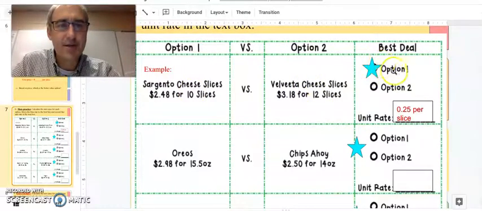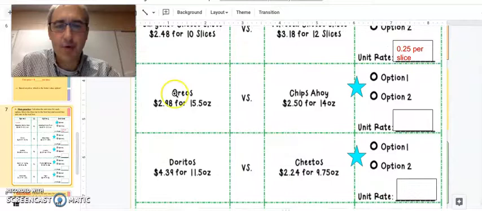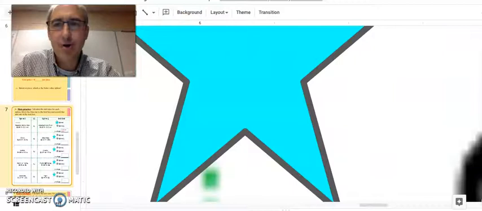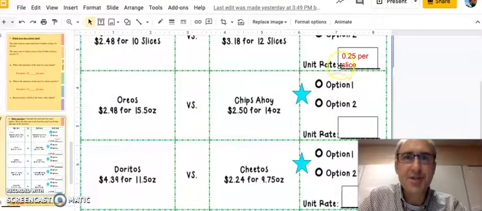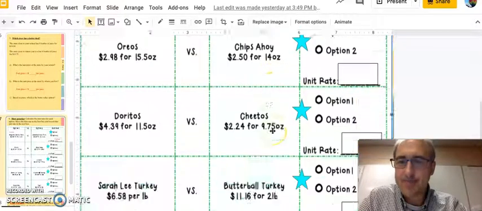Option 1, the star is on number 1, and that's the unit price. So you're going to do the same thing for Oreos. Calculate both of these. See which option is the better deal, the Oreos or the Chips Ahoy. Place the star on which deal is the better option and what that unit rate is.